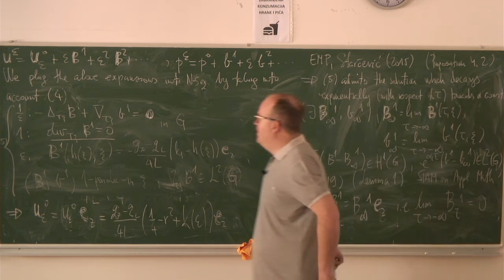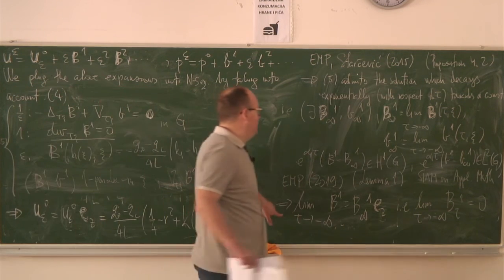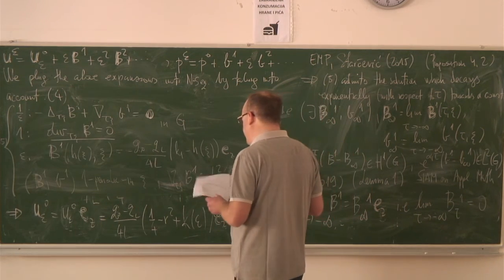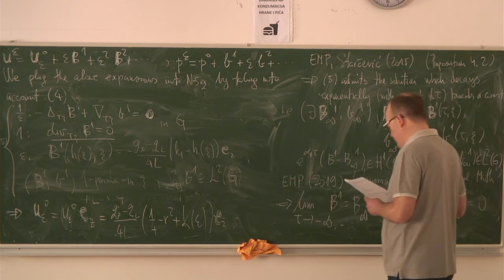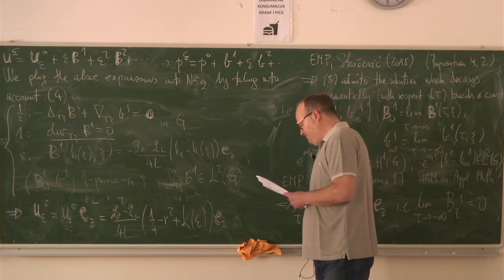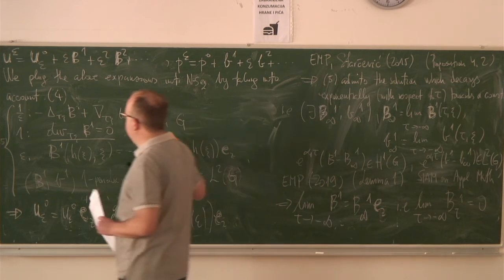And now we have to solve this. And knowing this, we can solve it by introducing the first auxiliary problem. The first auxiliary problem among many. So I will erase this.